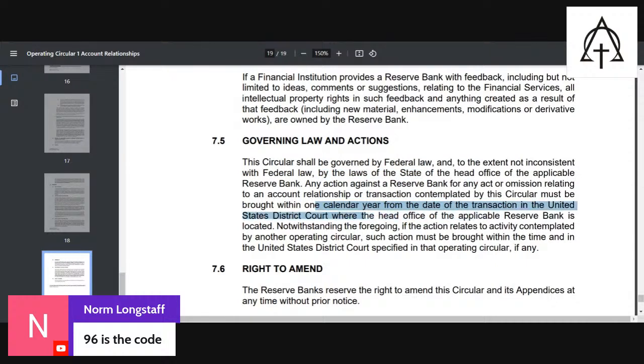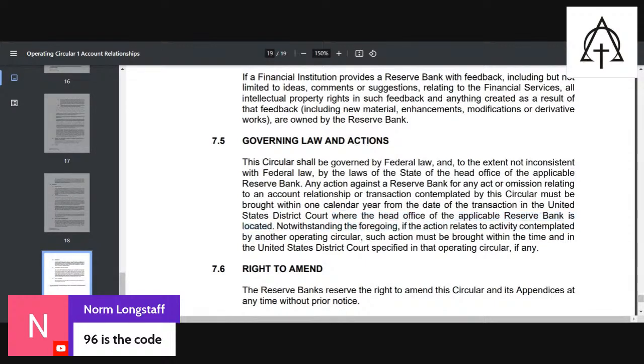I'm telling you, folks, we're supposed to go to the United States District Court, not the state courts, where the head office of the applicable Reserve Bank is located.